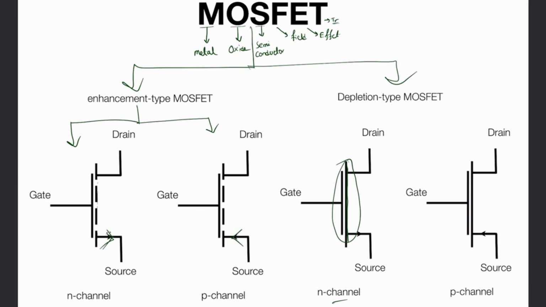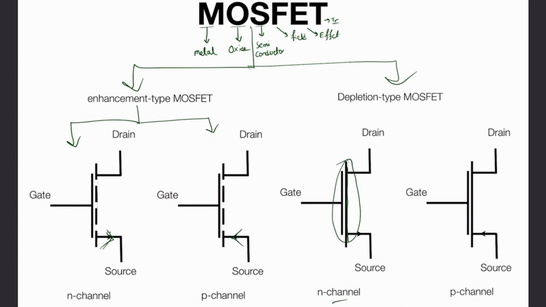So by seeing the circuit symbol, you can easily distinguish whether this MOSFET is an enhancement type or a depletion type. Basically, the main difference is that in the enhancement type MOSFET the channel is not created, but in the depletion type MOSFET the channel is already created.